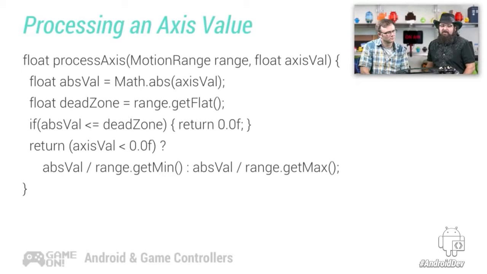Then we determine if the absolute value is less than or equal to the dead zone. If it is, return 0. That means it's within that range and we shouldn't do anything with it. Or if the axis value is greater than 0, we return the absolute value divided by the minimum range, which gives us a normalized value. If it's less than 0, we do absolute value divided by the maximum range.